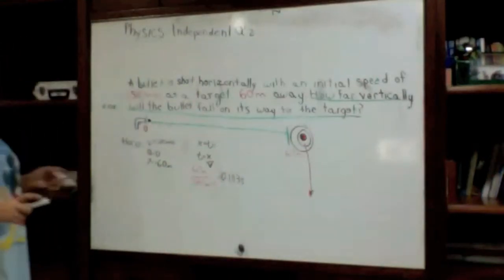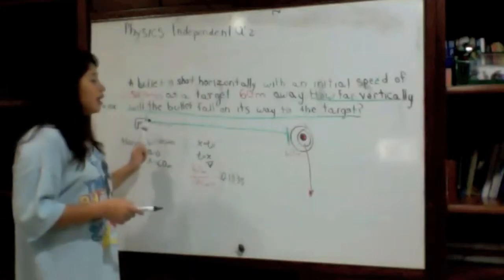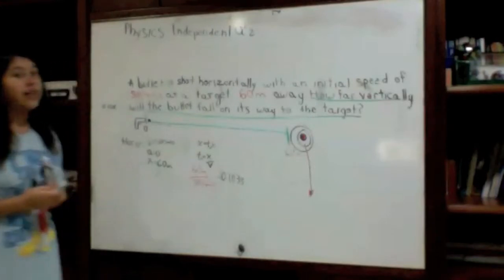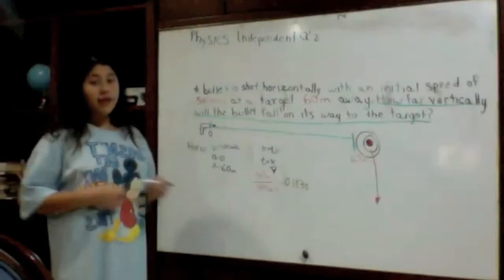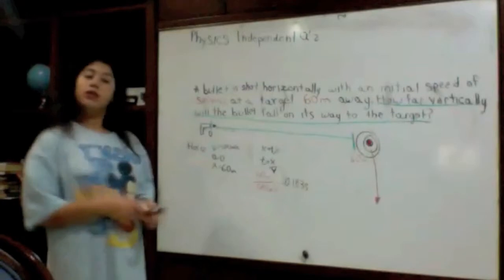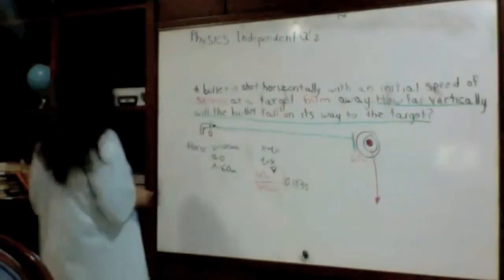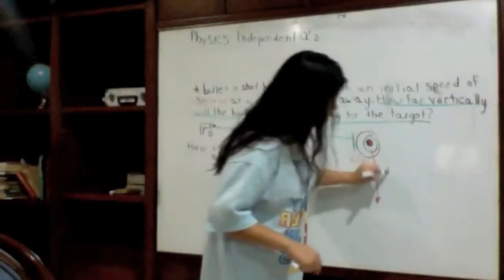After we just found out how much time it takes for the bullet to travel 60 meters at 580 meters per second, now we're going to find out how far the bullet falls in that time, because we found the time. And we are now going to find it vertically. It's simple: we make this down arrow be positive.